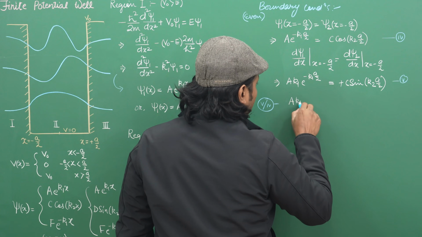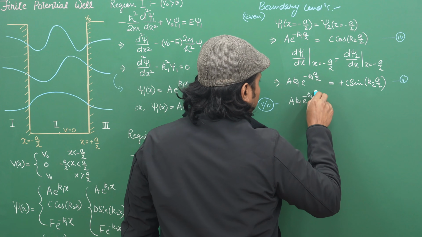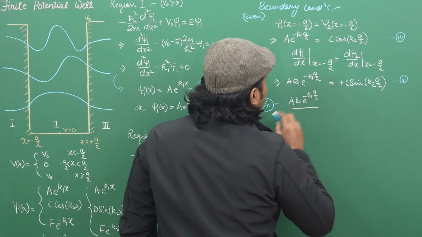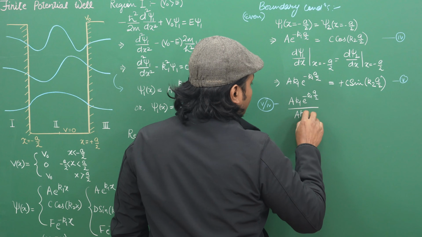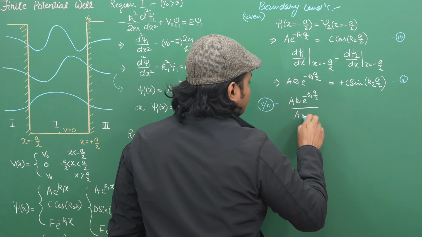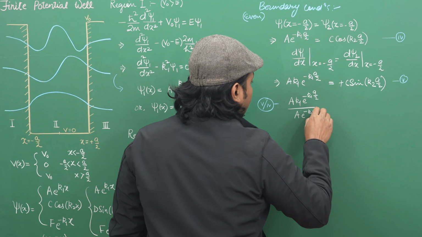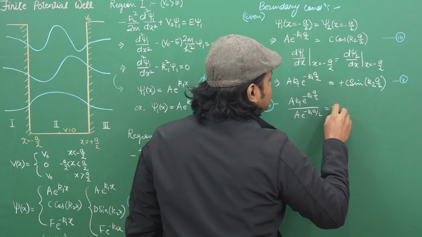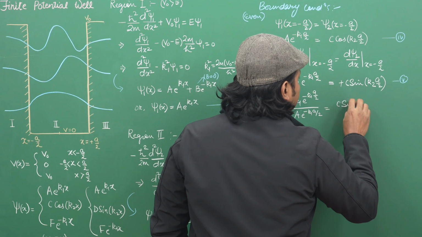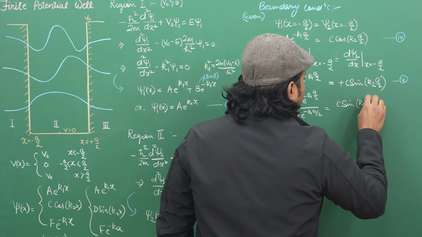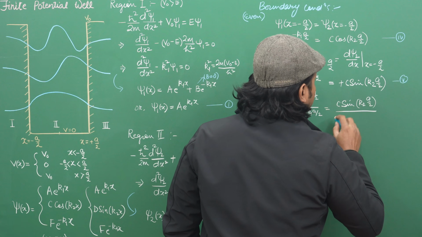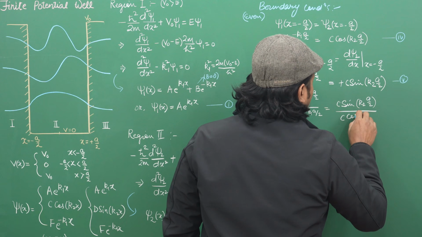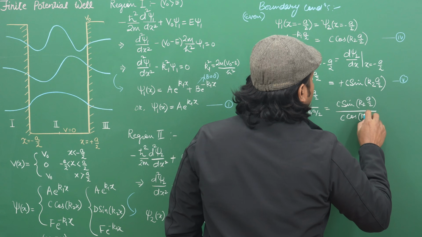A k1 e to the power minus k1 a upon 2 upon A e to the power minus k1 a upon 2 is equal to C sine k2 a upon 2 upon C cos k2 a upon 2.